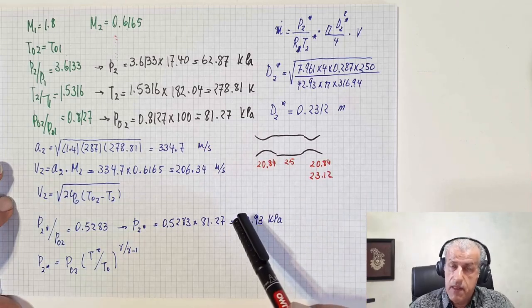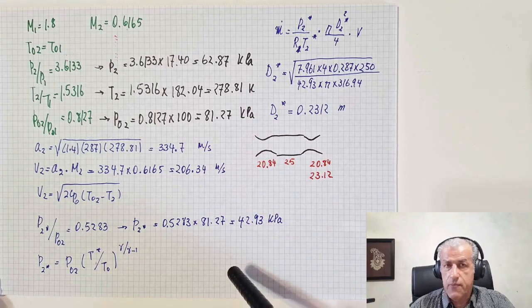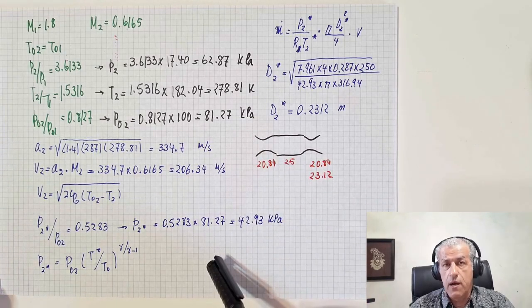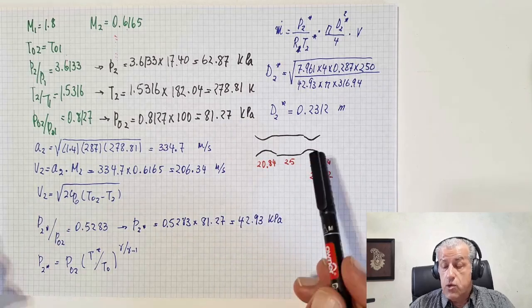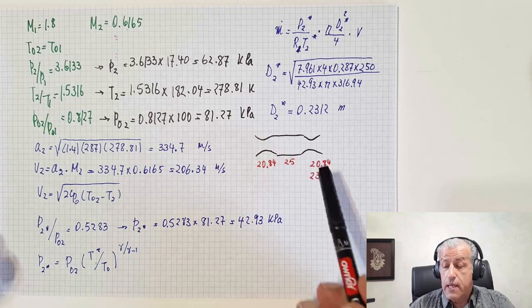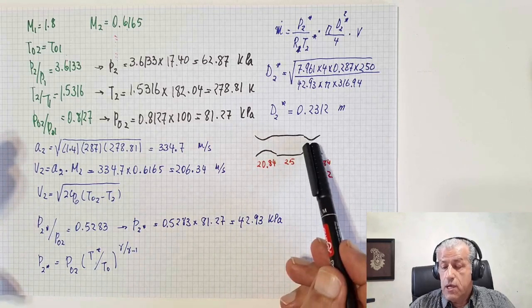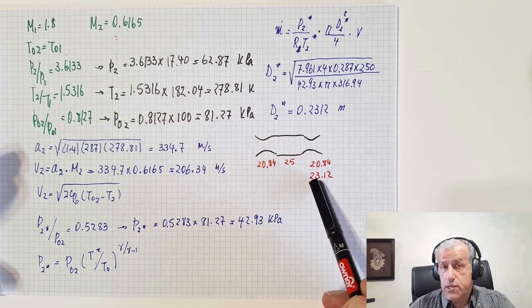Now, we learned that to start the tunnel, to get it going in the first place, there would be a shock wave here. And just to allow for the shock, this diameter had to be 23 centimeters.